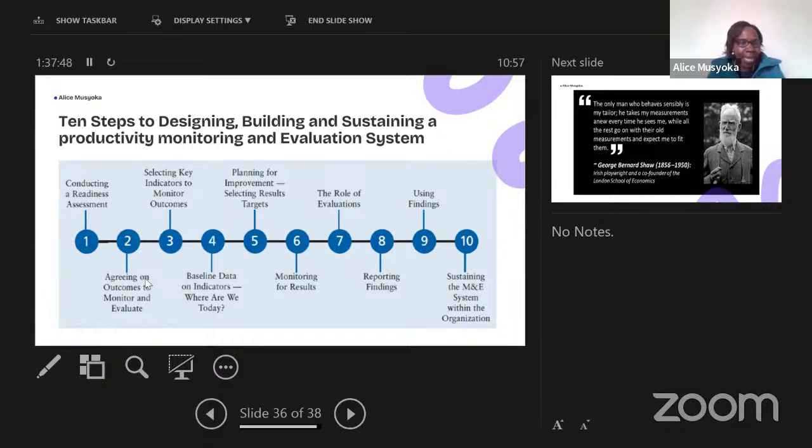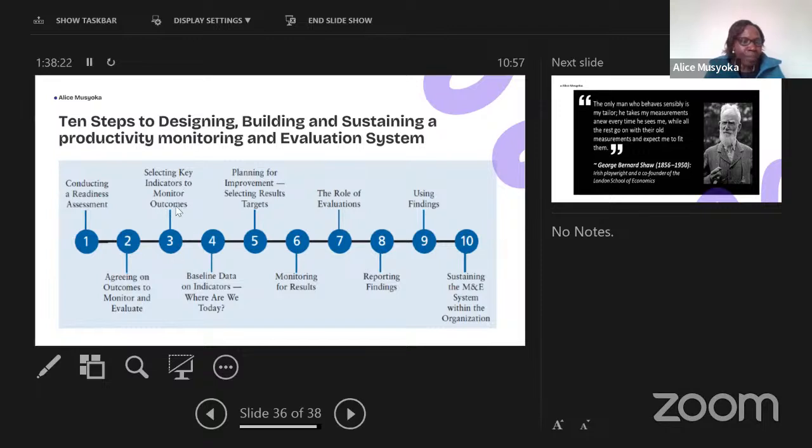Then when it comes to selecting key performance indicators, that is step number 3. Key performance indicators. And the word itself speaks for itself. What is key? We are not looking at all indicators. We have to agree on what are the key indicators that we are going to use to measure the attainment of our objectives or the achievement of our goals.